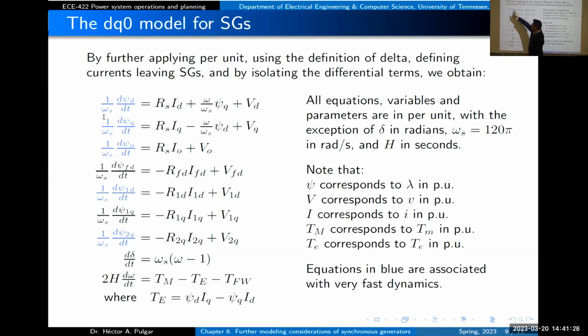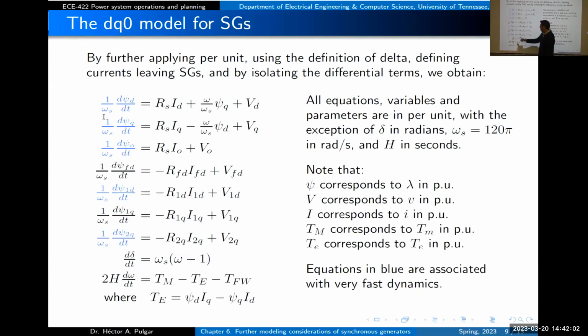If you observe how these change in time, these are going to be very fast. If you compare with this, we might better represent this by an algebraic equation, meaning they can change instantaneously. The energy involved in this flux, in the field related to this winding in the stator, is so tiny with respect to this that we better assume that energy is zero and the variables can change instantaneously.